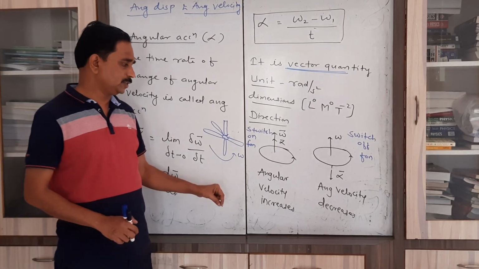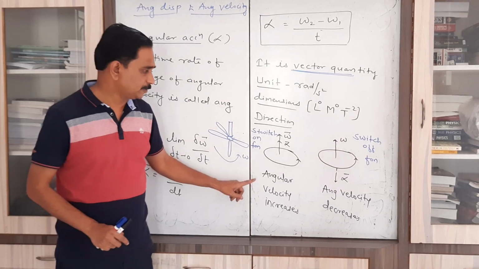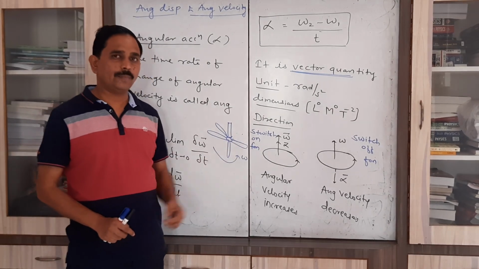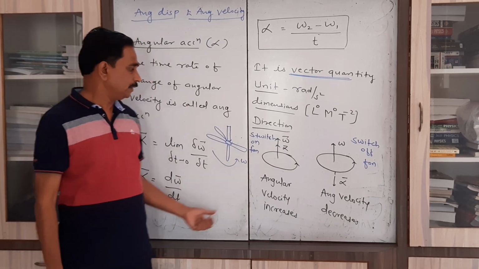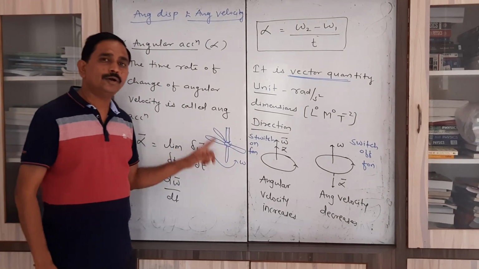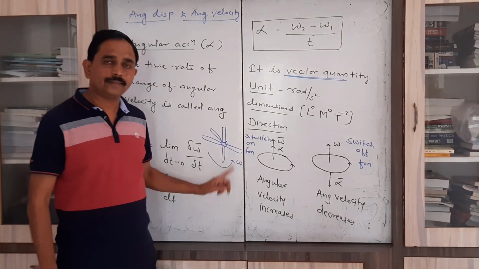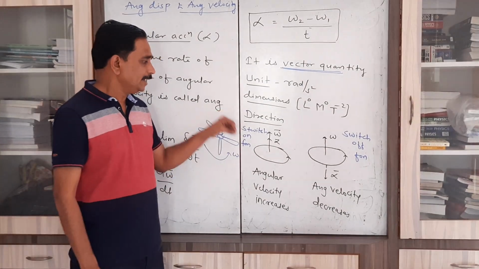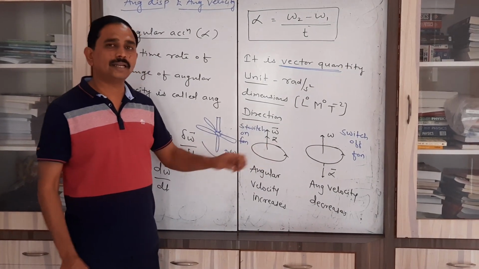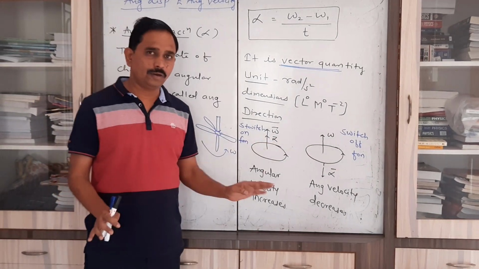Now if the angular velocity increases, to explain this we consider the familiar example where we switch on the fan, then the blades of the fan move with an increase in angular velocity. That's why here angular velocity increases. In that case the direction of angular acceleration is the same as the direction of angular velocity.